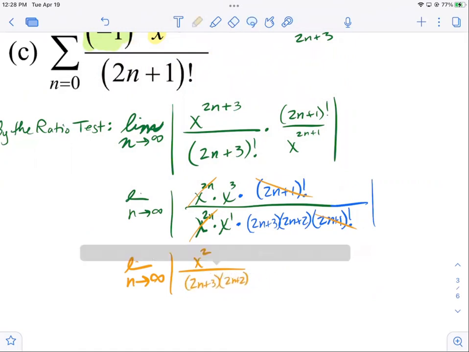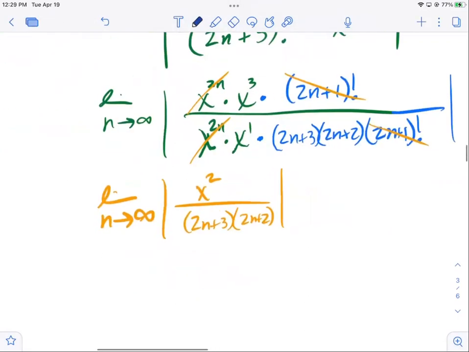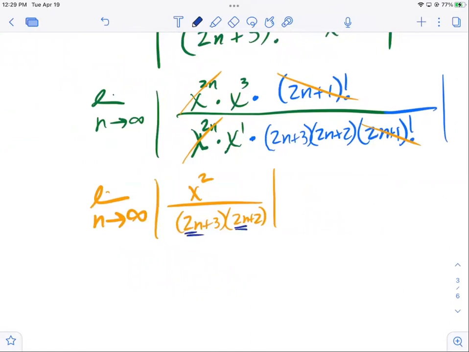There we go. Now remember, since we're still evaluating the limit as a function of n, we're treating x like a constant all this time, yes? And so what would the limit as n goes to infinity be of a constant divided by what would amount to a 4n squared?